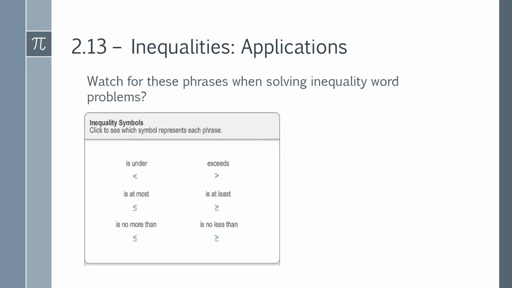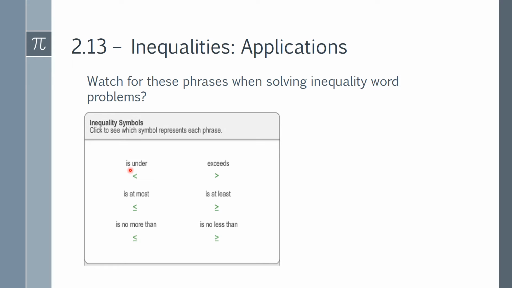Screenshot this, write it down, because you're going to have a lot of these show up. We don't always just say is greater than or equal to. Often we'll use other terms for it, but it means one of these. So, for example, if I were to use the phrase is under, then that means this less than sign.